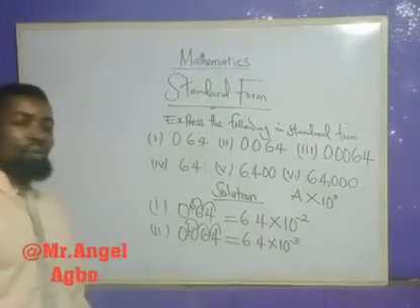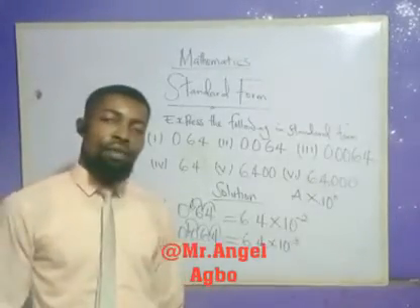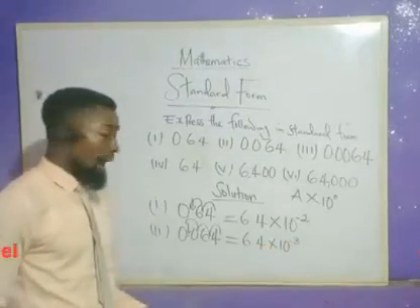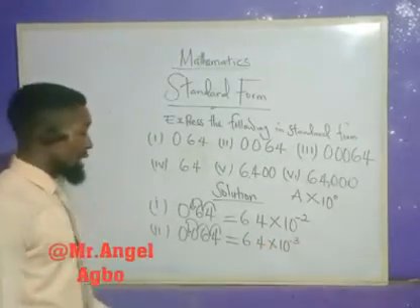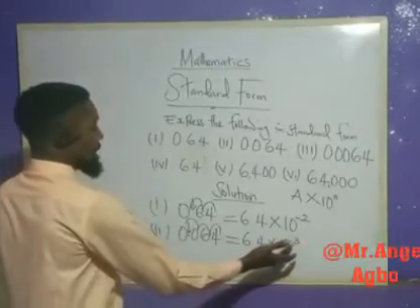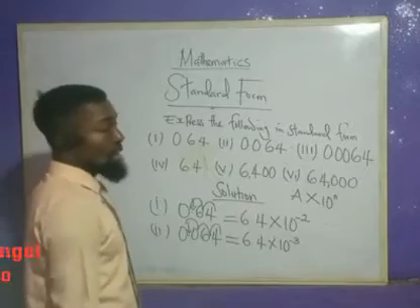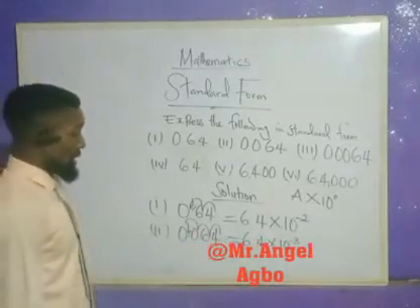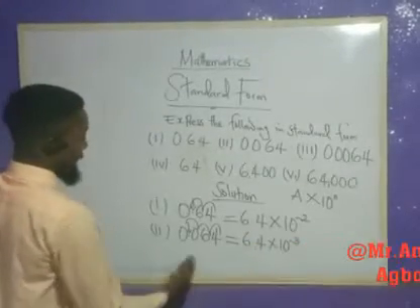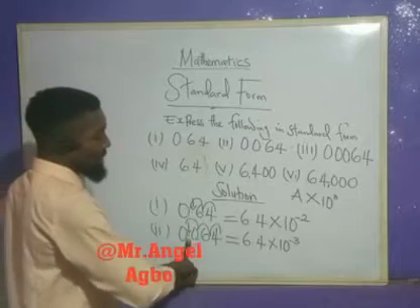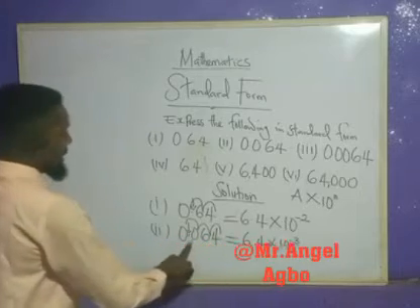0.064 is the result when you divide 64 by 1000. So 10 raised to power negative 3 is the same as 1 divided by 1000. When it comes to counting, you count from where you see the decimal point.